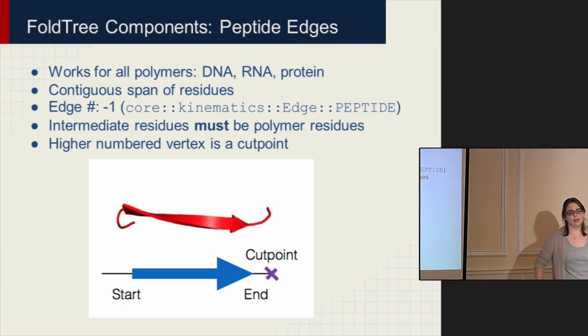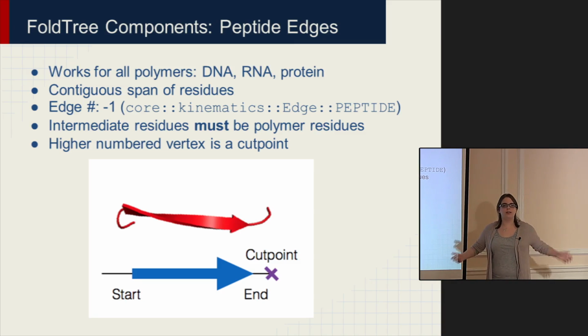And then there are two types of edges that you might work with in the fold tree. The first is a peptide edge. Peptide edges work for all types of polymers that could be in the pose, so DNA, RNA, protein. And the peptide edges represent a contiguous span of residues. This means they should be consecutive as you walk along the chain. These edges have a special name.